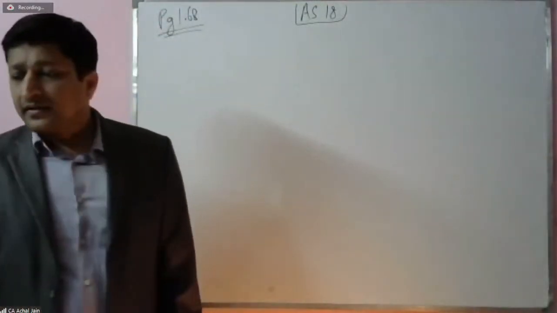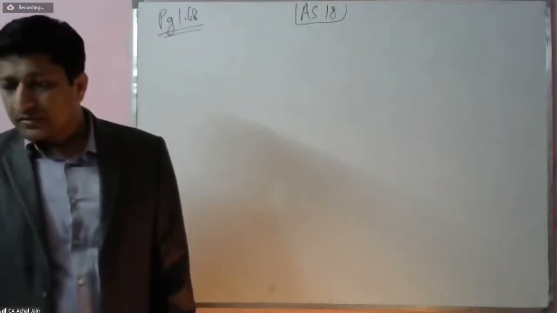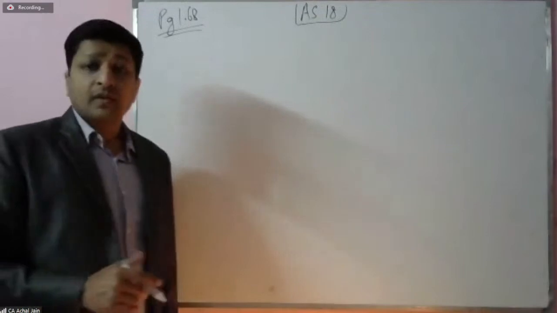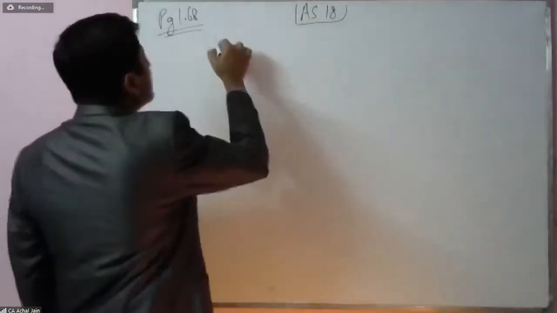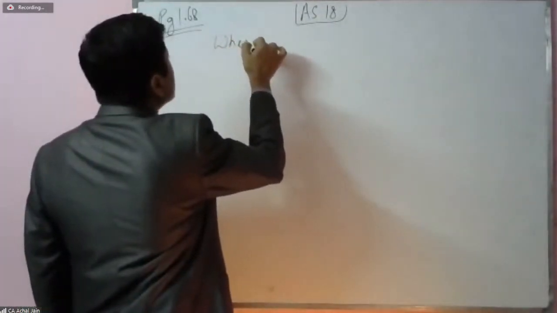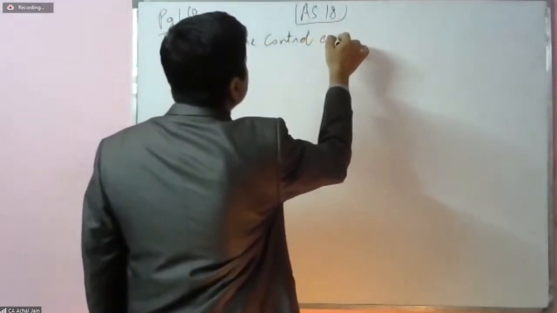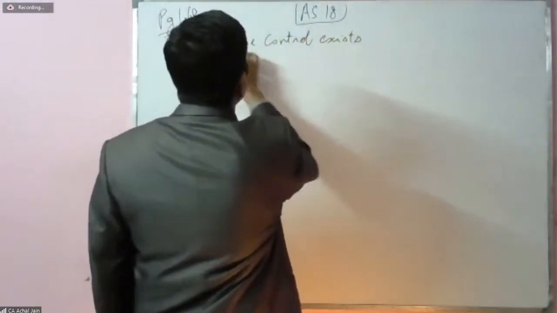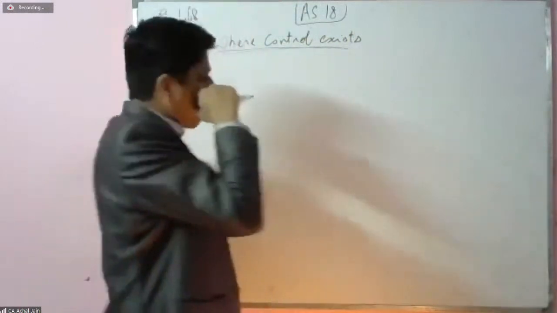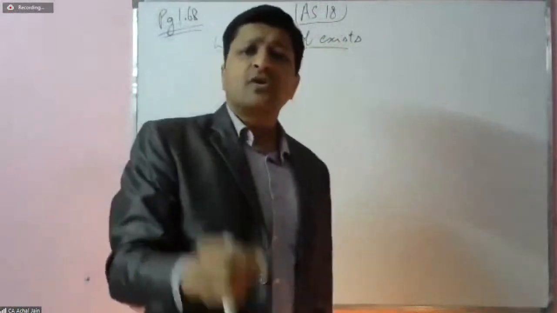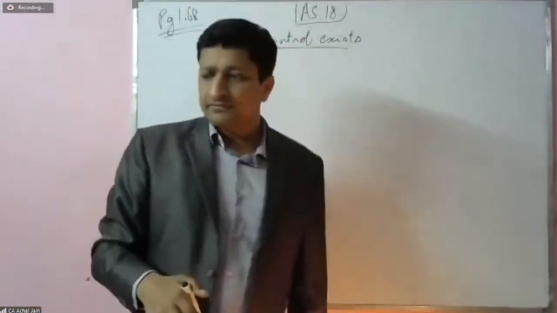Let's understand what are those disclosures. Wherever control exists, control means if an entity has got control over another entity.